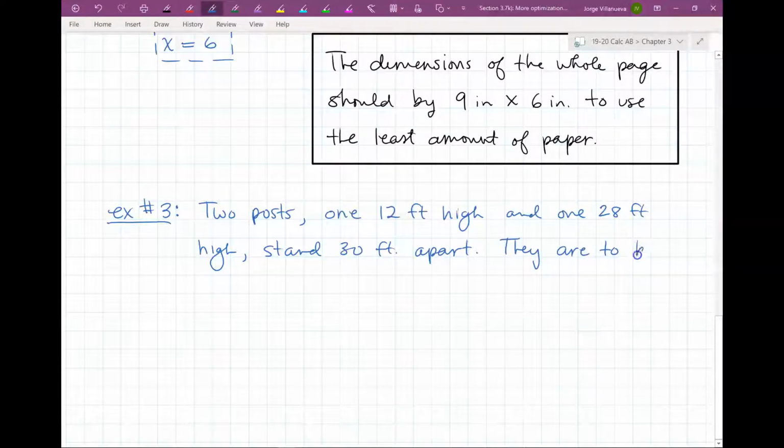They are to be stayed. Now, the word stayed kind of means like they're going to stake them into the ground with a wire. So they're going to be stayed by two wires attached to a single stake.